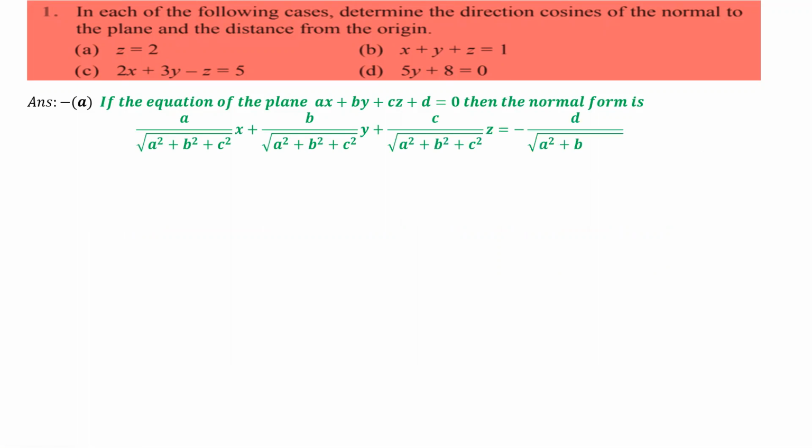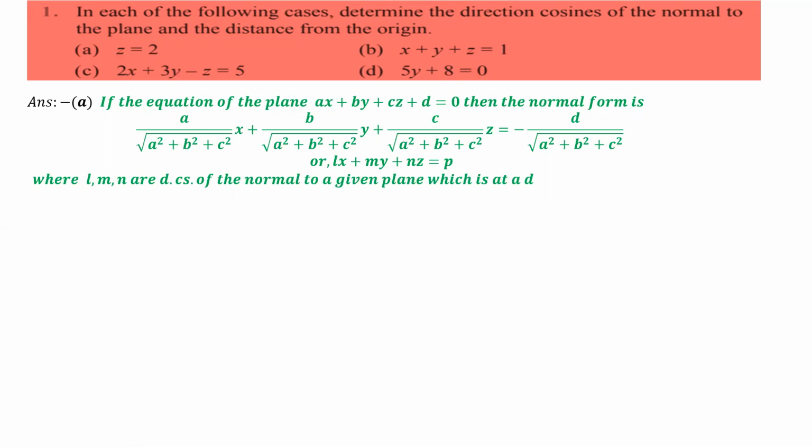We have to just divide the whole equation by root over a square plus b square plus c square, and take this d into your right hand side, that is minus d upon root over a square plus b square plus c square, and this thing can be written as lx plus my plus nz equals to p, where l, m, n are the direction cosines of the normal to the given plane and the p is the distance from the origin.